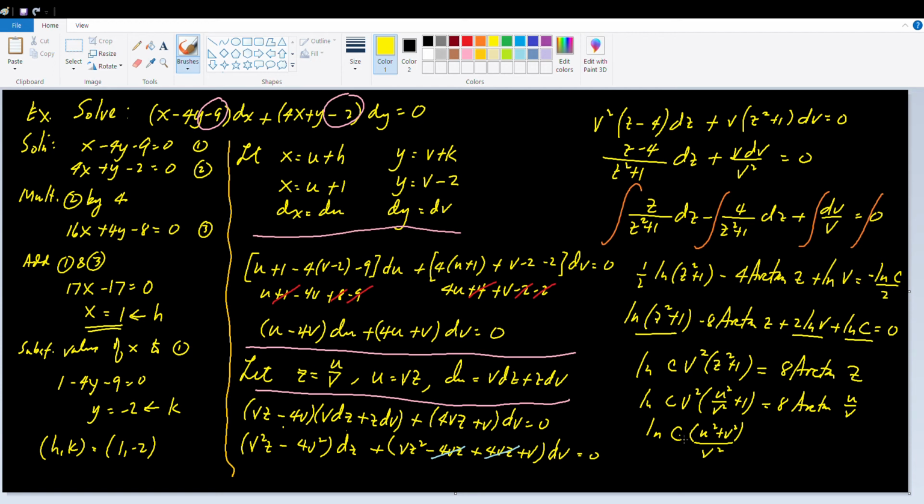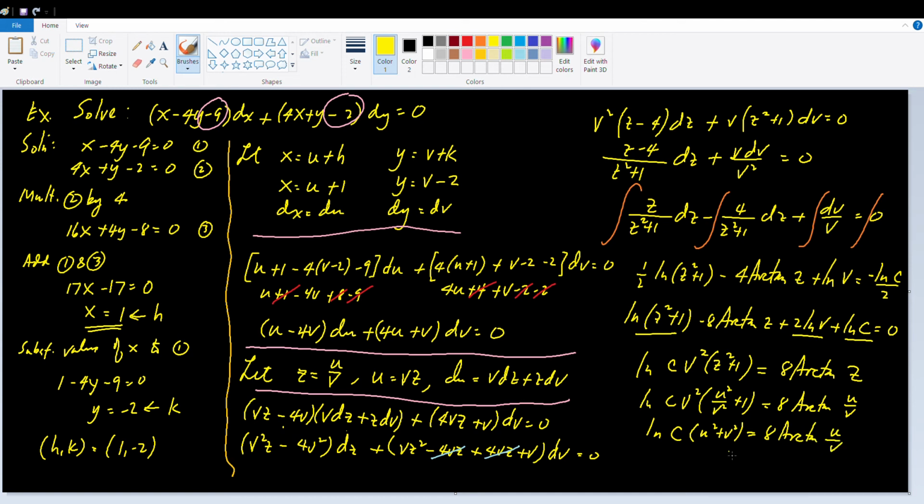But there is a v squared there, so that will cancel. Okay? So that will simplify to ln of c times u squared plus v squared equal to 8 arctangent of u all over v.